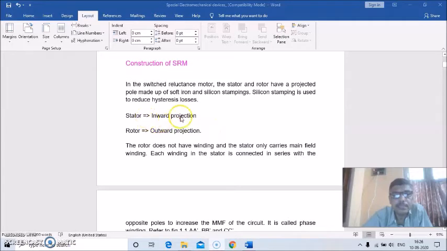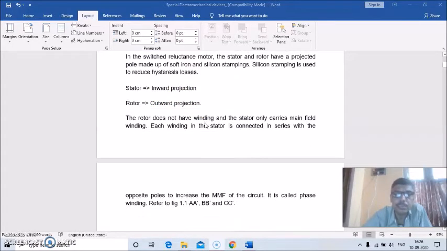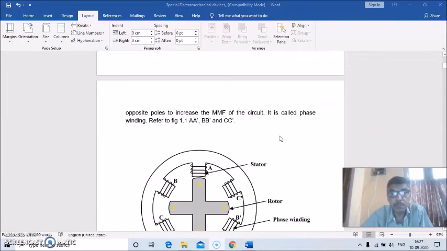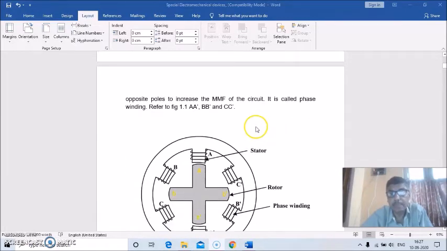The stator has inward projections and the rotor has outward projections. The rotor does not have winding, and the stator only carries the main field winding. Each winding in the stator is connected in series with the opposite poles to increase the MMF of the circuit, and it is called phase winding.